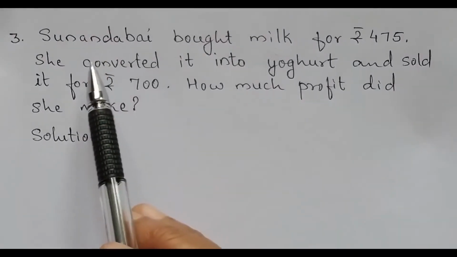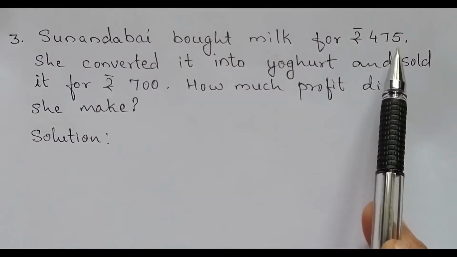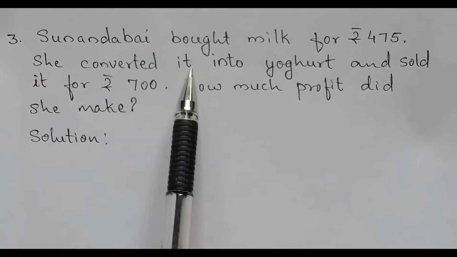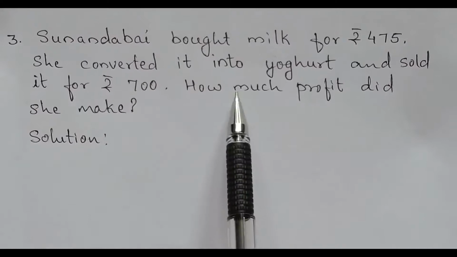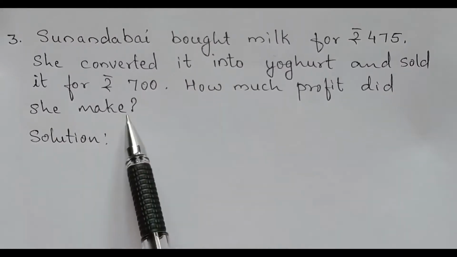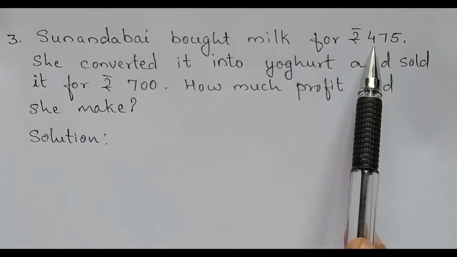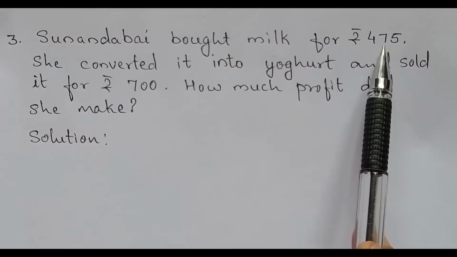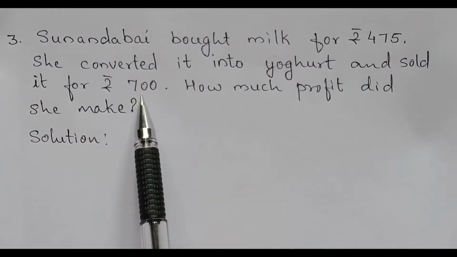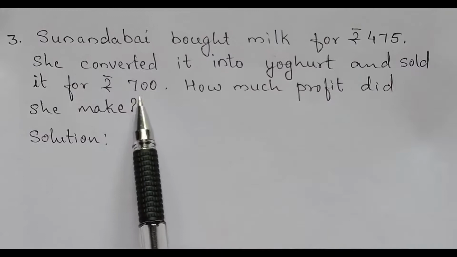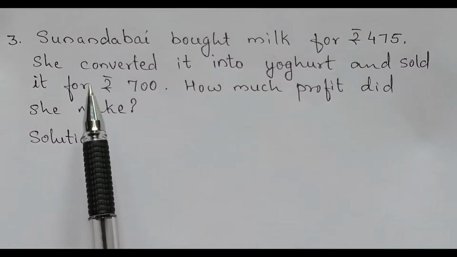Now let's see the third question. Sunanda Bai bought milk for rupees 475. She converted it into yogurt and sold it for rupees 700. How much profit did she make? Here the cost price of the milk is 475 and the selling price of the yogurt is rupees 700. So the selling price is more than the cost price. So she made a profit.